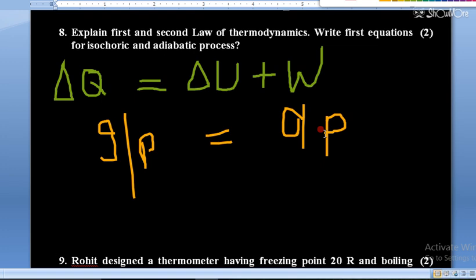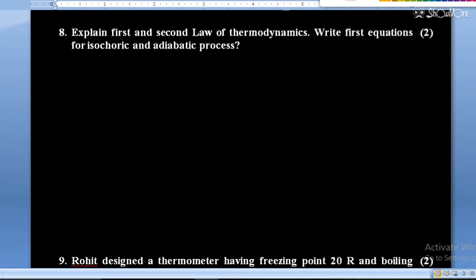So you have to write the definitions. Then after that you have to write first law equations for isochoric and adiabatic process. So for isochoric process, you know, volume is constant, so that means volume does not change. That means work done is equal to 0.